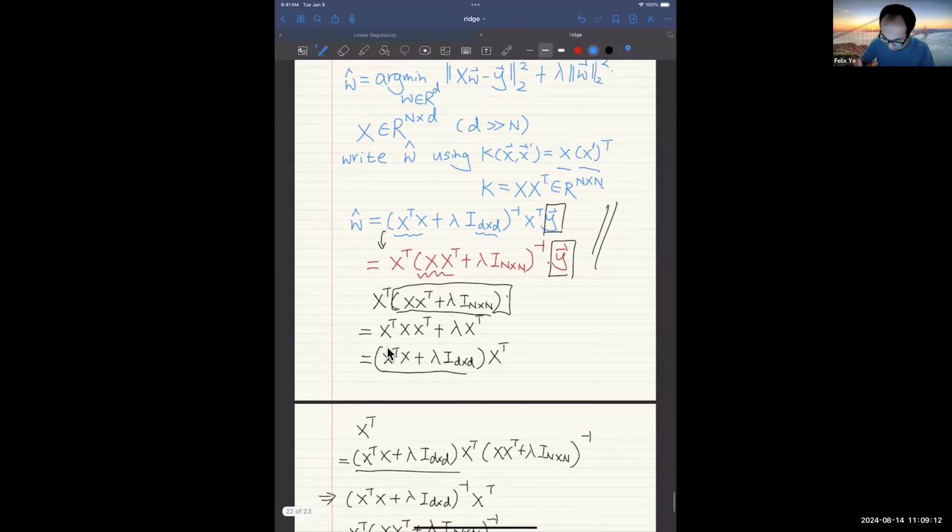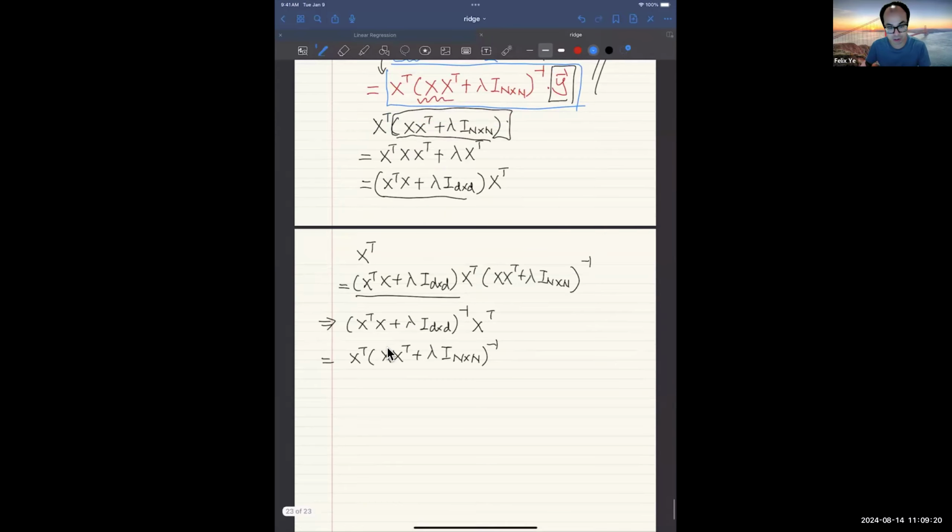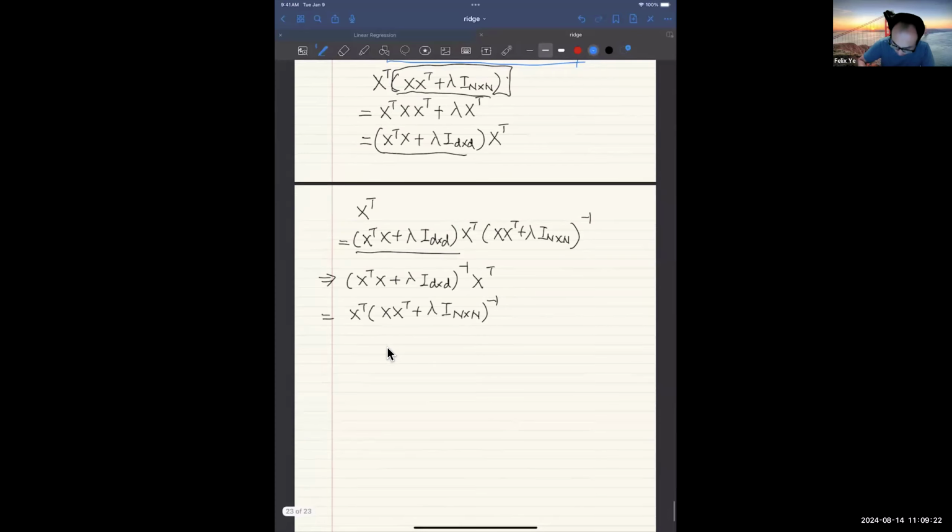And basically, we can use this as my training. And we can use a similar idea for the prediction as well. So for the prediction, we have y equal to x of w hat.